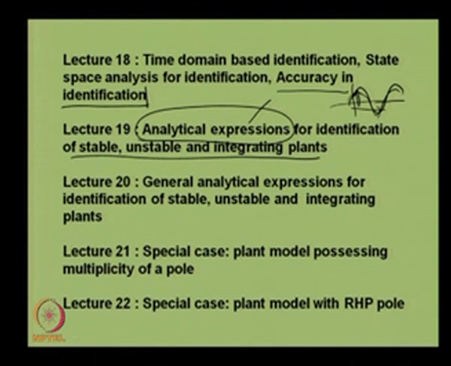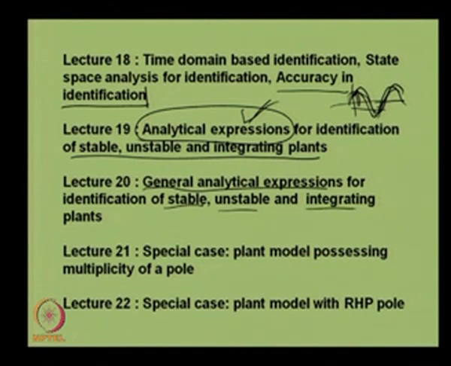So, we shall make use of state space analysis to obtain the analytical expressions based on the shape of the oscillatory output from the plants. Next, we shall also derive a set of general analytical expressions that can be made use of for identifying stable, unstable and integrating plants.